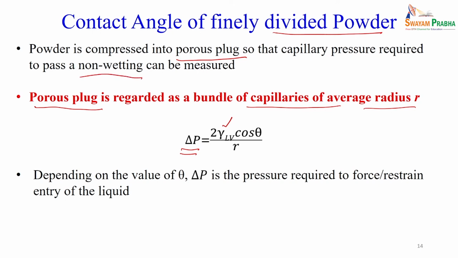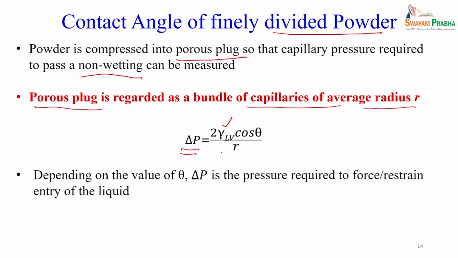Non-wetting liquid is passing through n number of capillaries of radius R, and using the Young-Laplace equation you should find the value of delta P. We can measure experimentally cos theta; gamma LV, the liquid vapor interfacial tension, is known, for the non-wetting or wetting liquid we are passing through.